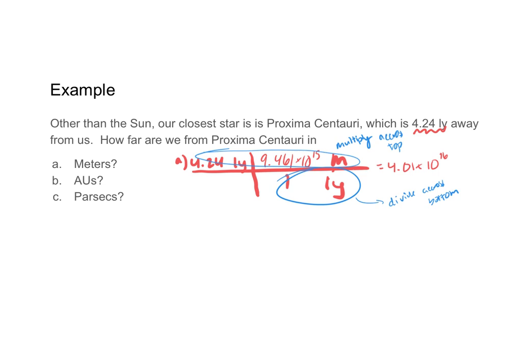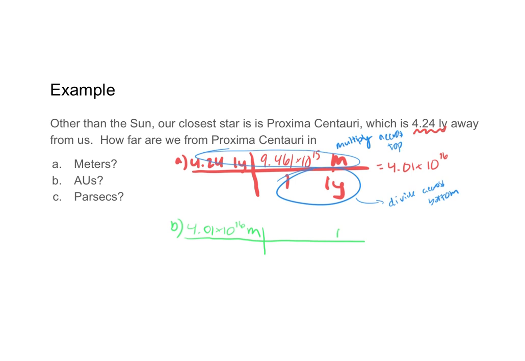So for B, I'm asked to find our distance from Proxima Centauri in AUs. My conversion factor converts from meters to astronomical units. So let's start with my answer to A, which gives me my distance in meters: 4.01 times 10 to the 16th meters.